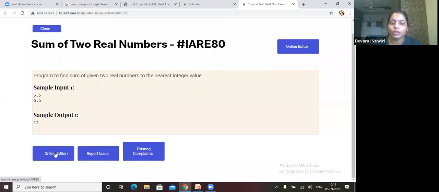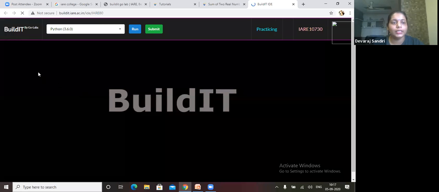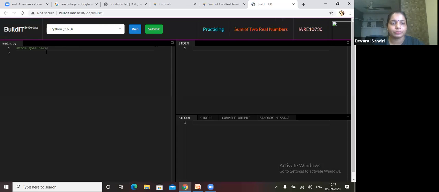Sum of two real numbers. We will go to the online editor and write our program here. A is equal to float of input. Next, B is equal to float of input.